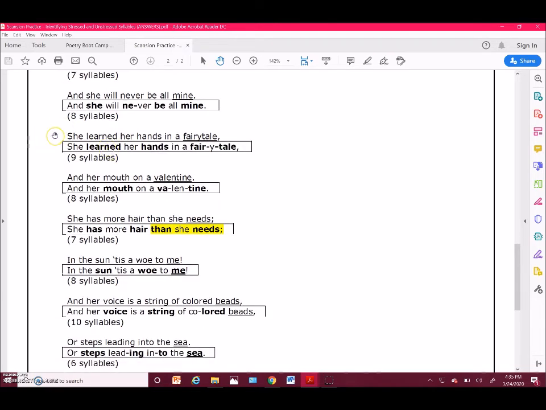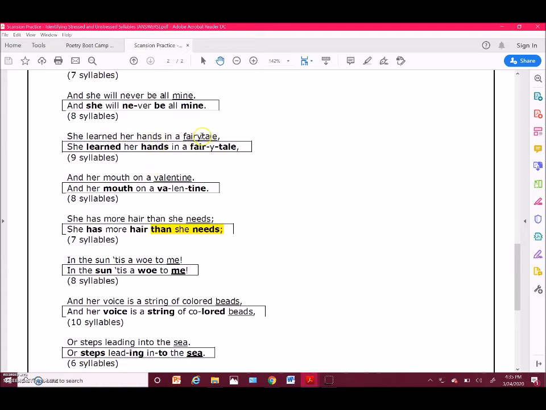Let's look at the next line. She learned her hands in a fairy tale. Fairy tale. It's got 3 syllables there. She learned her hands in a fairy tale. Well, I hear learned. I hear it on hands.